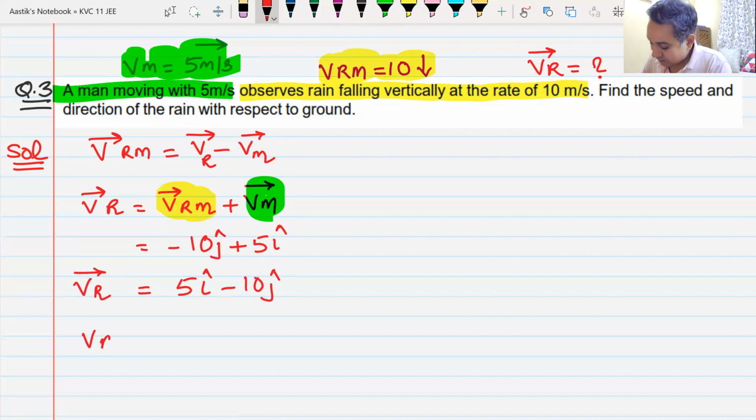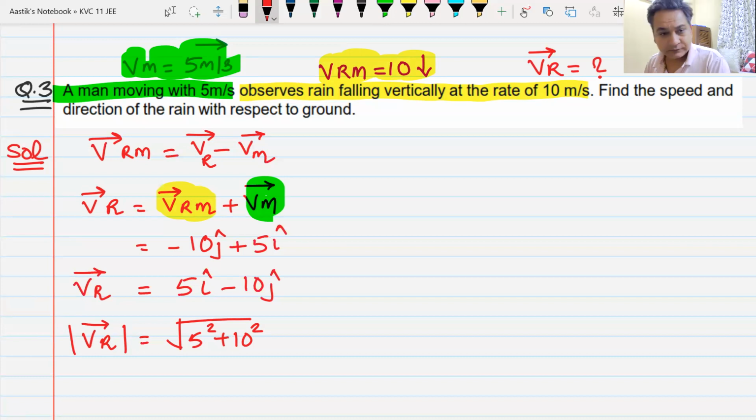If I want to find out the magnitude, I can find out the magnitude like this: square root of 5 square plus 10 square. Yes or no? So that will be 5 root 5.